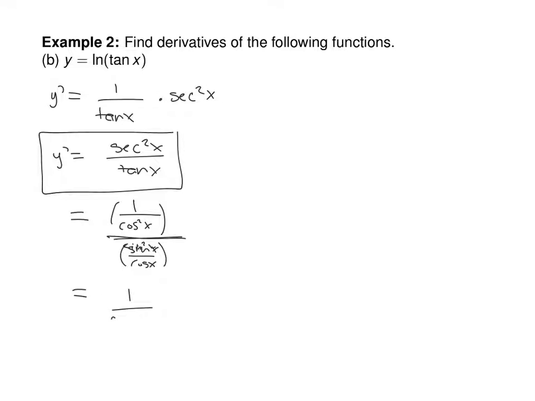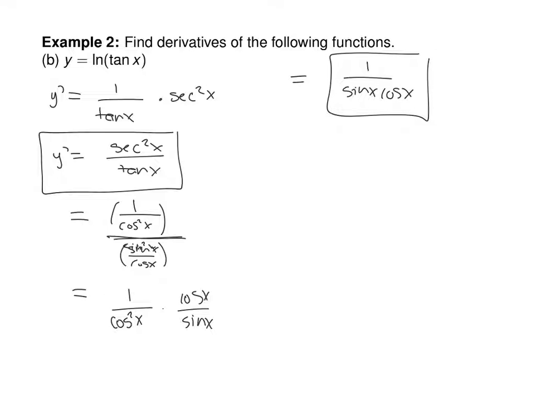So you've got 1 over cosine squared x times cosine x over sine x. Or that's looking to be 1 over sine x cosine x, right? I would have to ask you to do that. Does that make sense? Like if I wanted you to do it, but it's just good to know that it's possible. Okay.